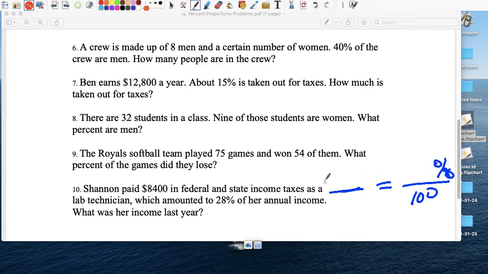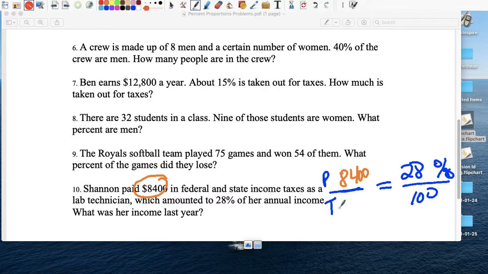So if you think about it, last year she paid 28%. So I'm going to put it over here. So again, she paid $8,400 in taxes. That's the part that she paid. How much money did she make? ¿Cuánto ganó ella para pagar $8,400 en impuestos? How much did she make to pay that much in taxes?